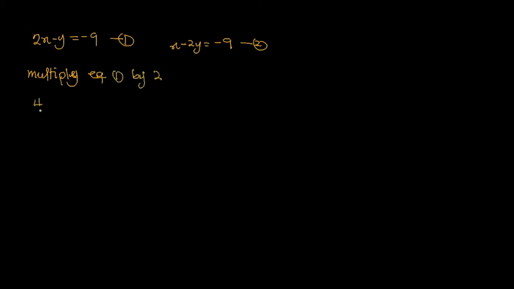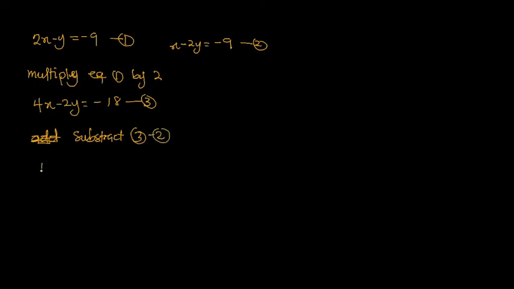If I do that, I'll have 4x minus 2y is equal to minus 18. This will become my equation 3. Then I can now subtract equation 2 from 3, so it becomes 3 minus 2.